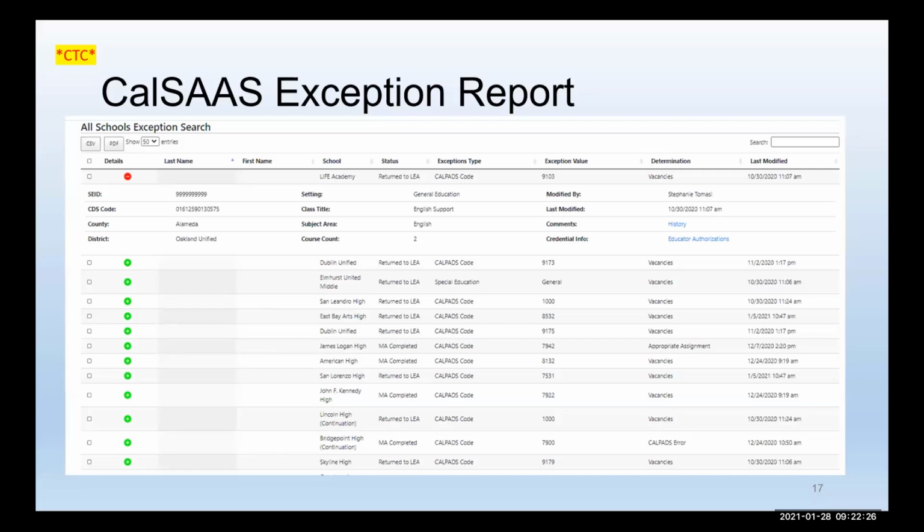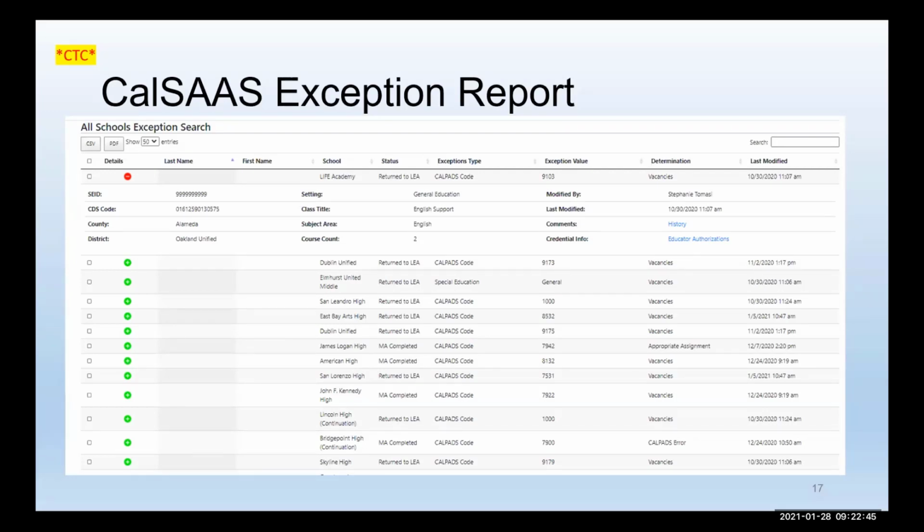The exception value is the course, non-classroom based code, or the special education disability area that generated the exception. The determination is the justification associated to the exception.